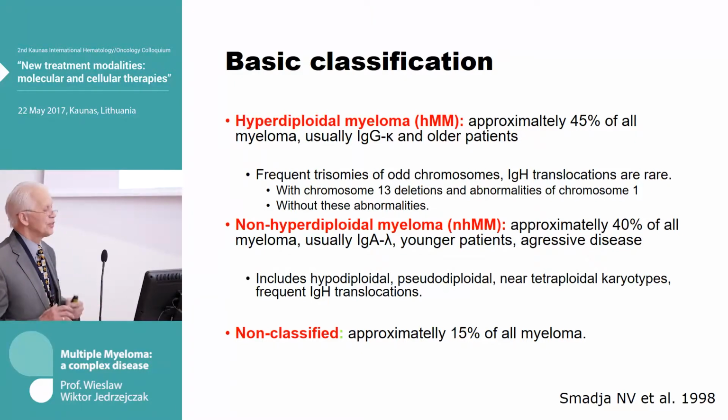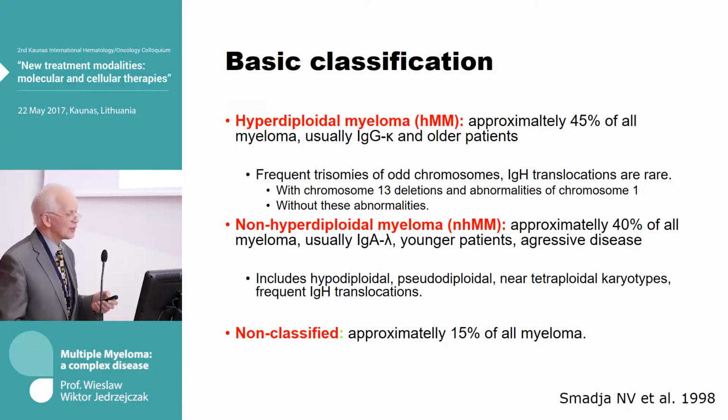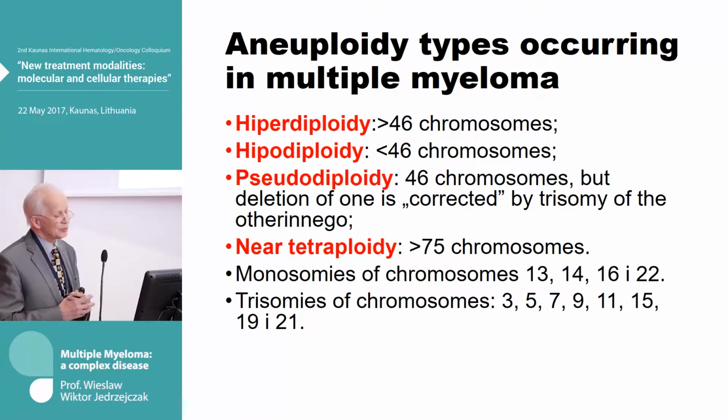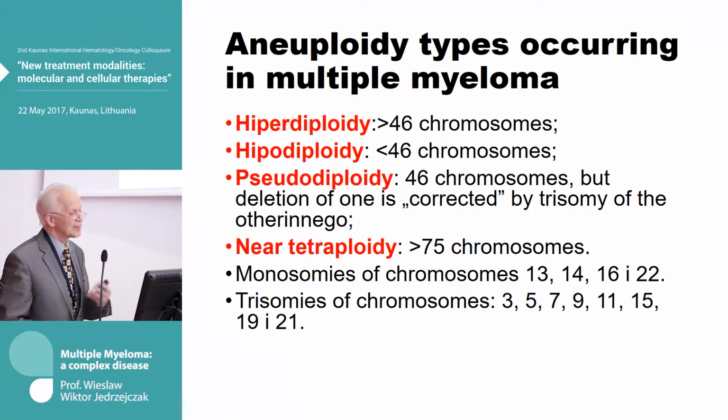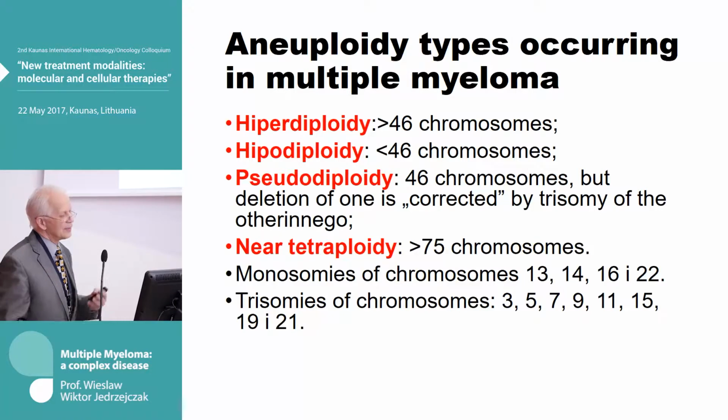Still, 15% of myeloma do not fall into these two major categories. To explain these strange terms: hyperdiploidy means more than 46 chromosomes, hypodiploidy less than 46 chromosomes, pseudo-diploidy 46 chromosomes, but deletion of one is corrected by trisomy of the other, and near tetraploidy is above 75 chromosomes.